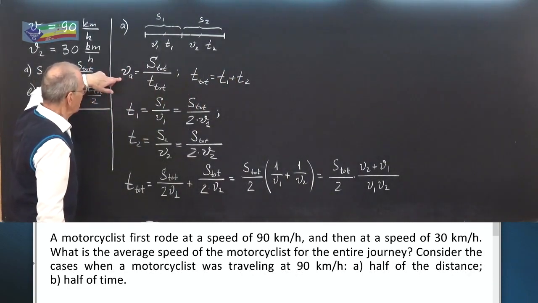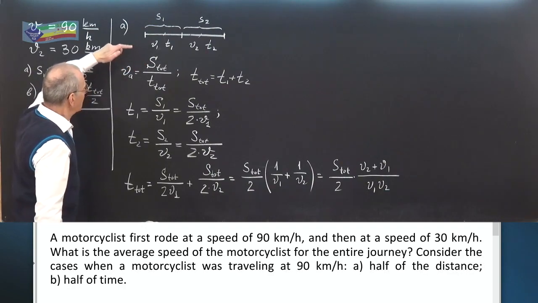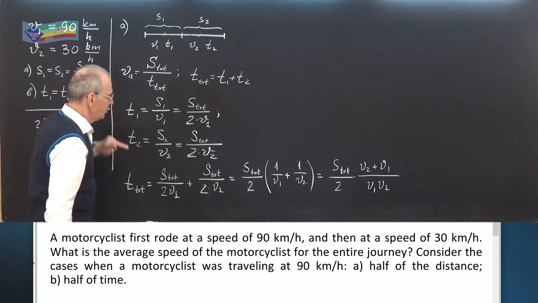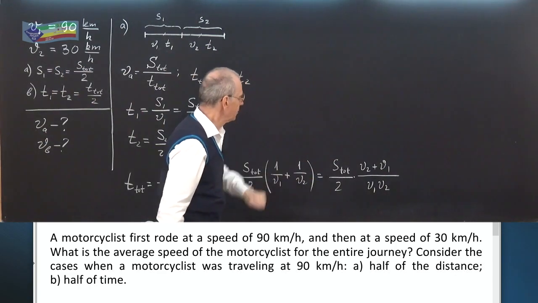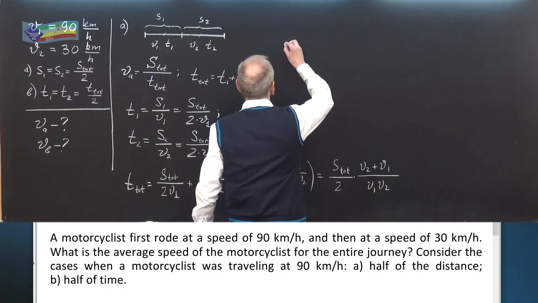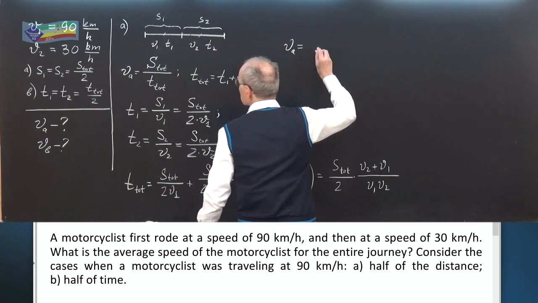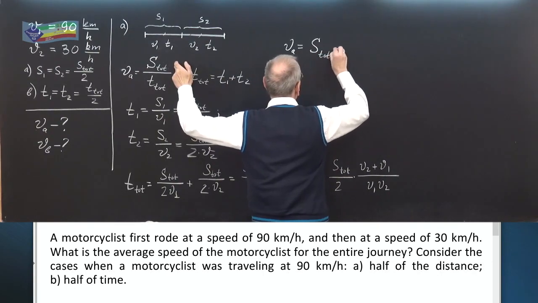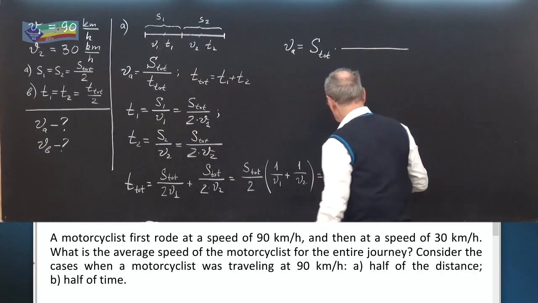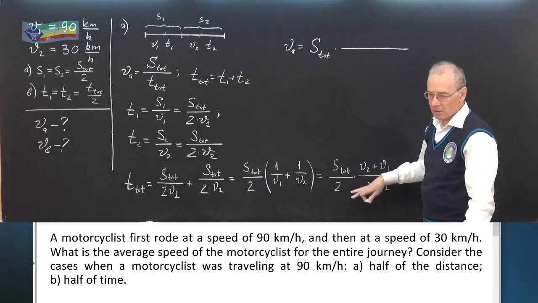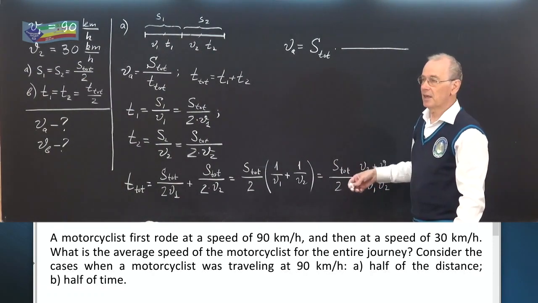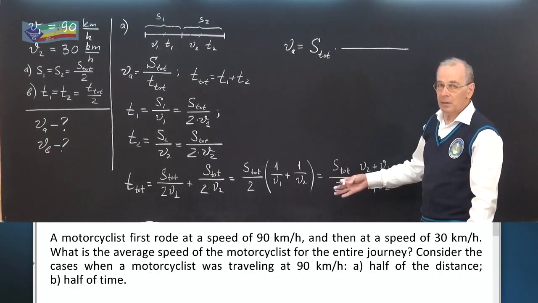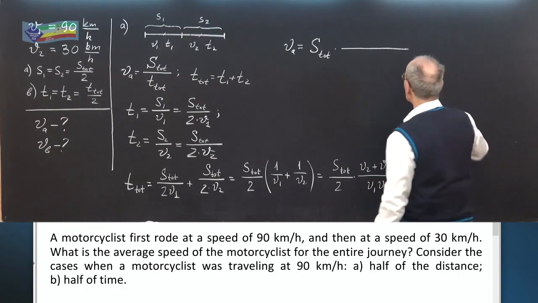To find average velocity, let us divide S total by T total, by this fraction. So V average equals S total divided by this fraction. To divide by a fraction is the same as to multiply by the inverted fraction.